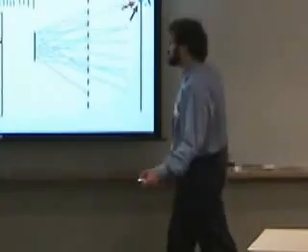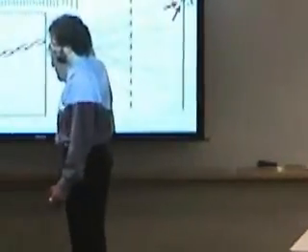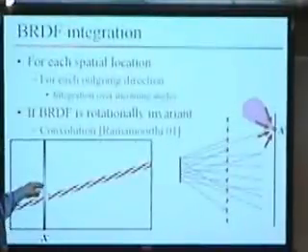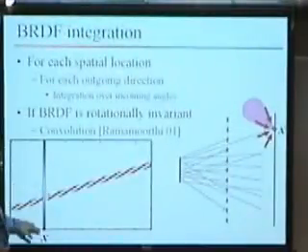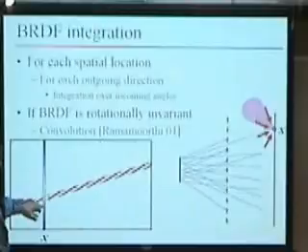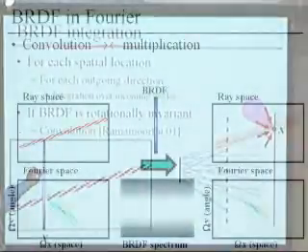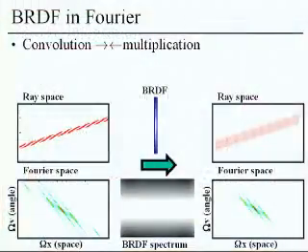And so if we look at that, in ray space visualization, essentially to get the value for this outgoing direction, I put my BRDF kernel here, and I just integrate against the original lighting. For another outgoing direction, if I've got a friendly BRDF like Phong, I just need to shift things. It's a nice convolution.